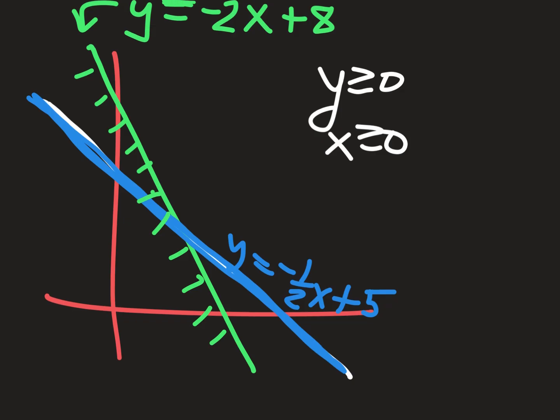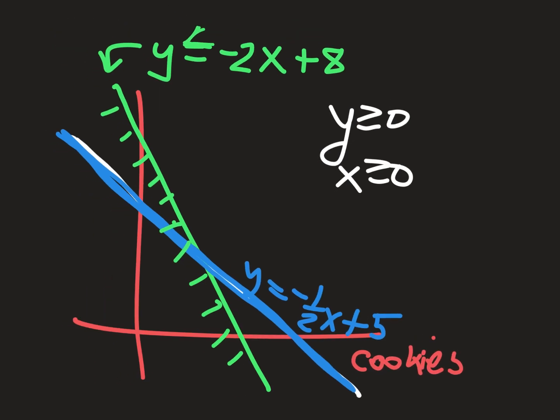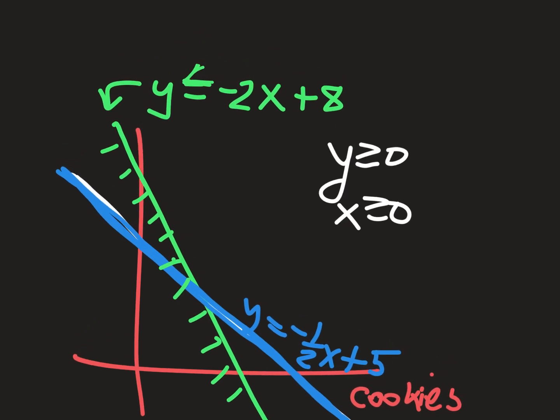Perfect. Now next, let's talk about why they have to actually be bigger than 0. Because if you're going to have real world situations like we're going to make cookies on the x-axis, and cake, they both require flour.